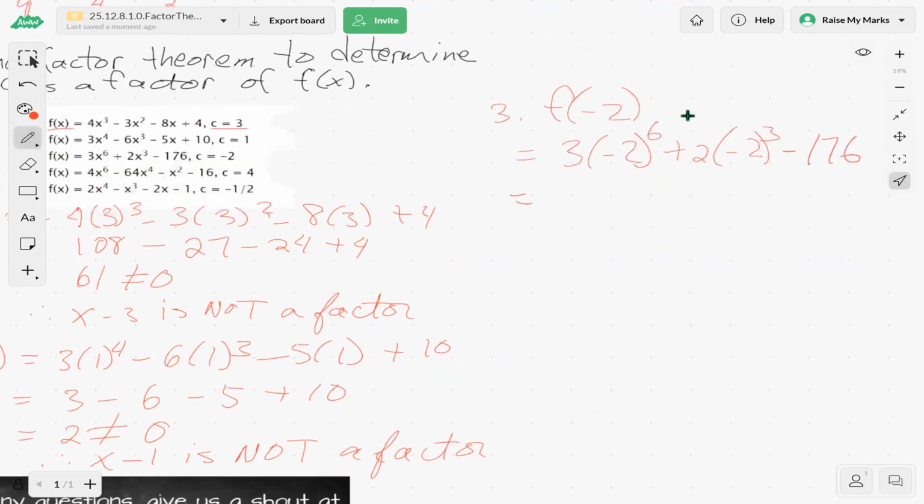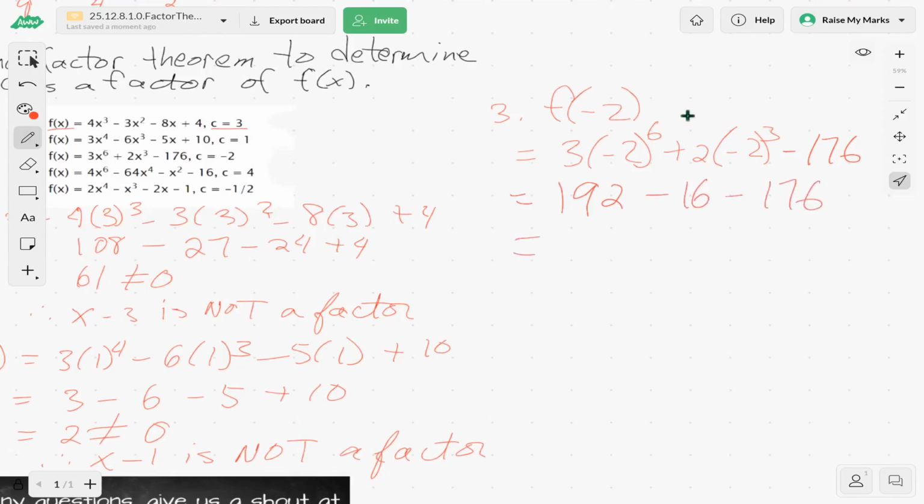All right, so negative 2 to the power 6 equals 64 times 3 is 192. And then plus 2 times negative 2 cubed. Negative 2 cubed is negative 8 times 2, negative 16 minus 176.